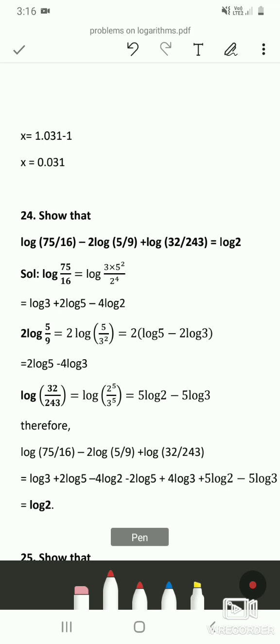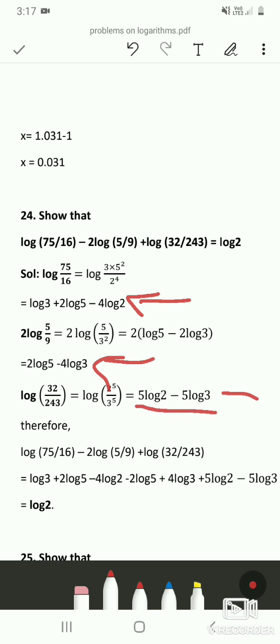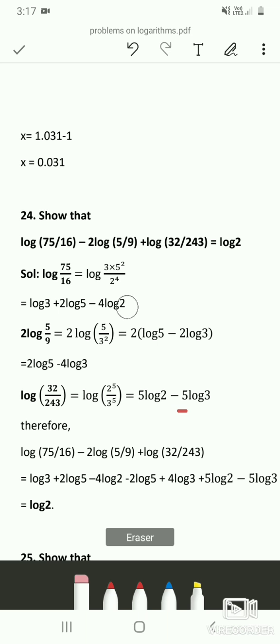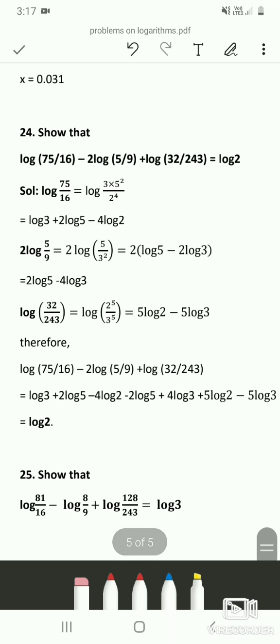So now substitute all the values in the given equation. Therefore log of 75 upon 16 minus 2 into log of 5 upon 9 plus log of 32 upon 243 is log of 3 plus 2 into log of 5 minus 4 into log of 2.